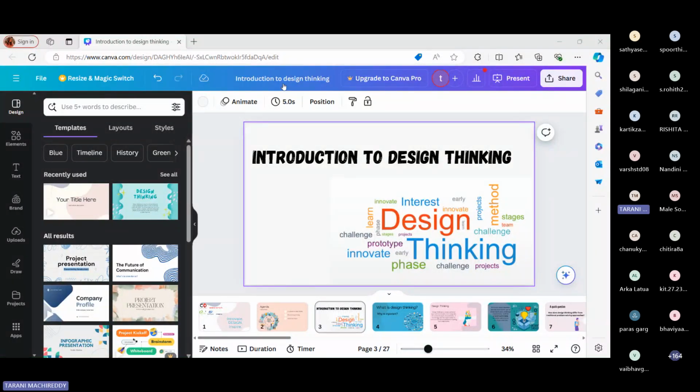You can type in the chat box. Anything is fine, anything that comes to your mind. You can speak about design thinking. Why do we need to use design thinking? Why do we need to understand it? Come on, guys, type anything.